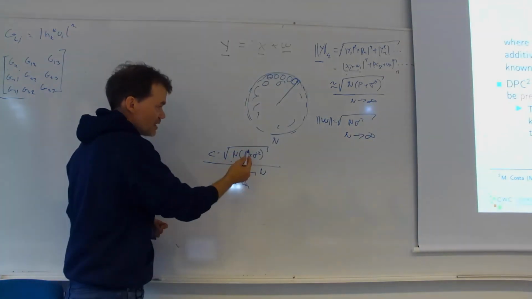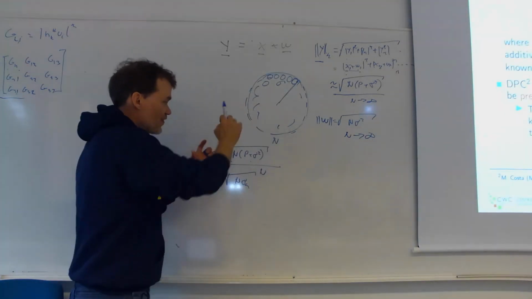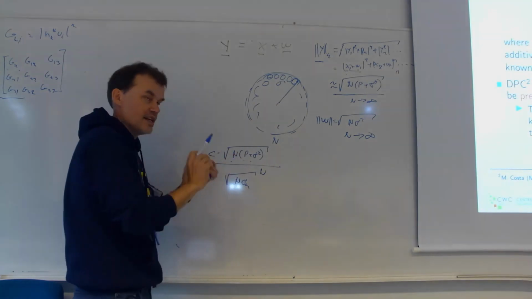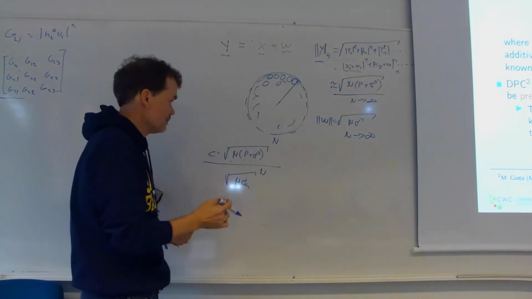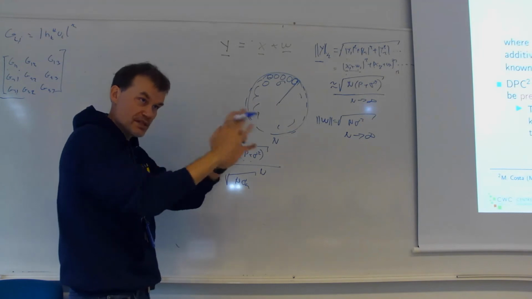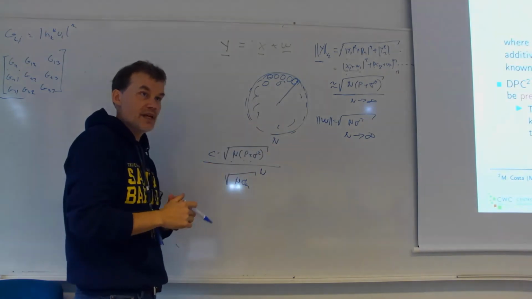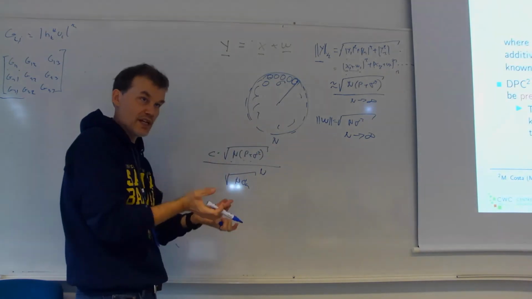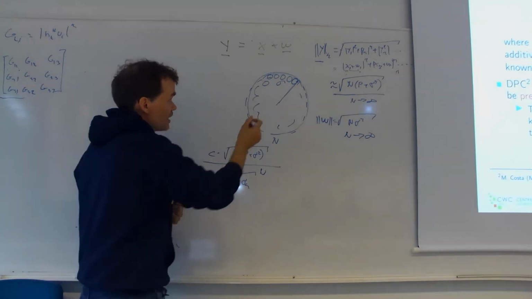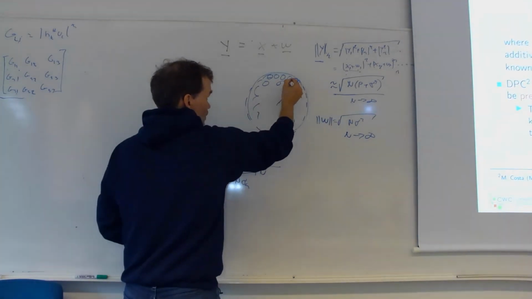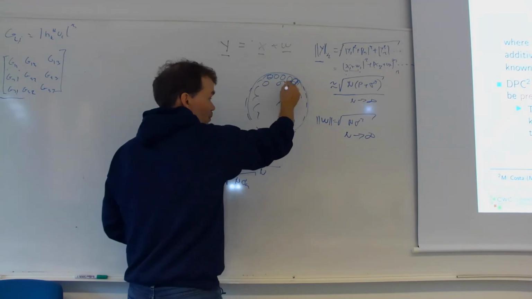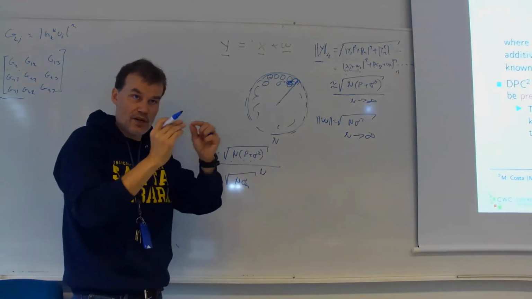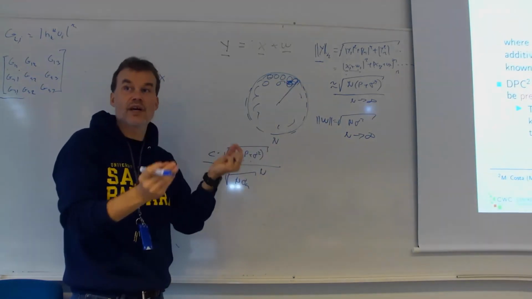So we can express how many of these noise spheres we can fit inside the y sphere, meaning how many messages we can transmit without interference, right? Interference would mean that these spheres would be overlapping. If the spheres are not overlapping, there's no error.